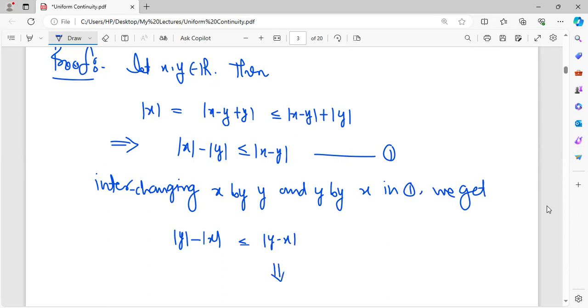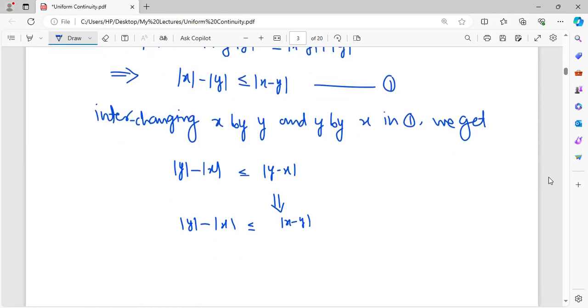But we know that |y - x| and |x - y| are the same. So this is nothing but |x - y|. Further, I can take minus common.